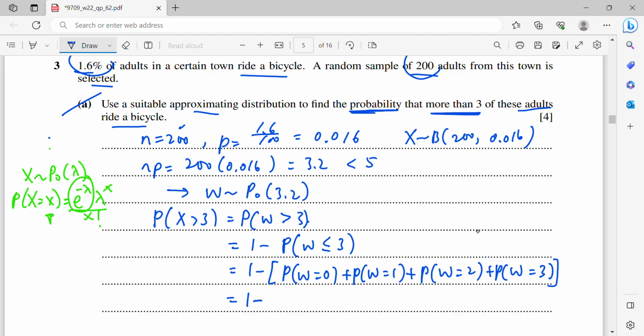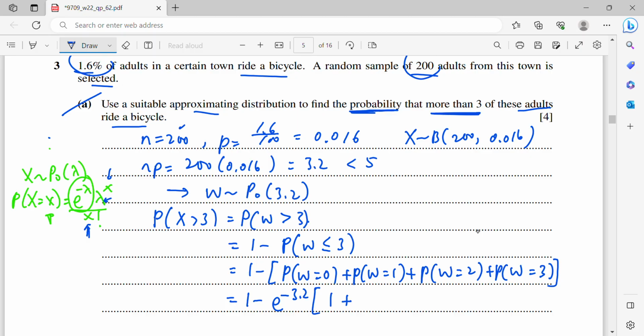So 1 minus e^(-3.2) times, when W equals 0, any number to the power 0 is 1, and 0 factorial is 1 as well. So I will write 1 for the first probability, after you have factorized the exponential.